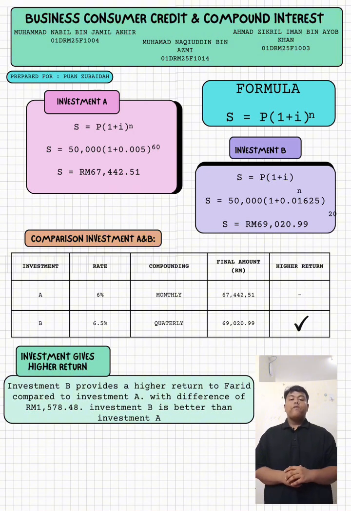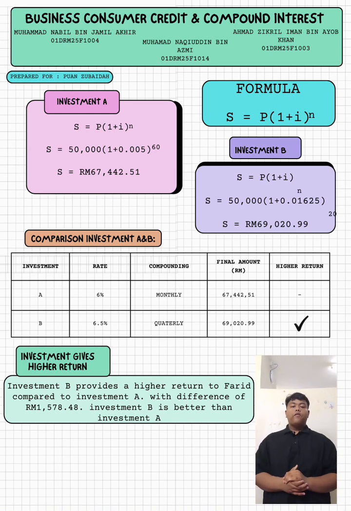Next, we find n equals 12 months times 5 years, which is 60 months. So the calculation becomes S equals 50,000 times (1 plus 0.005) to the power of 60. After calculating, the final amount for investment A is about 67,442 ringgit and 51 cents.